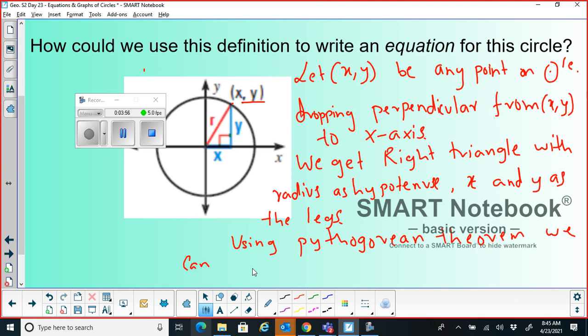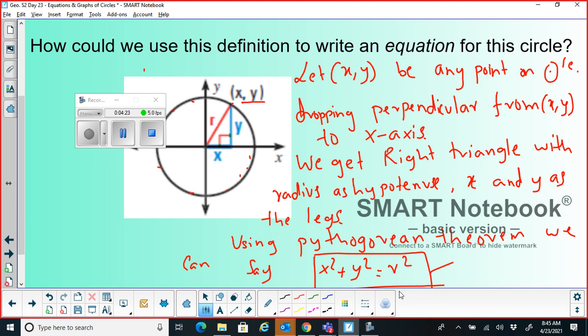We can say x square plus y square equals r square. This particular equation satisfies for any point on the circle, not just this particular point. Pick up any point on this circle, this particular equation will be satisfied. So this is the equation of the circle, x square plus y square equals r square.